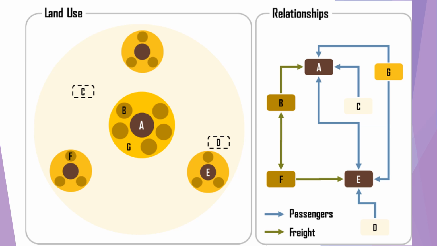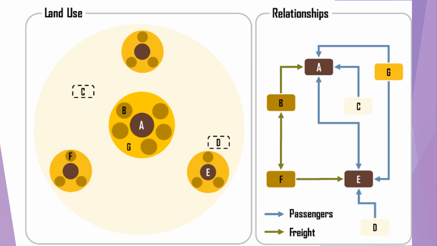So zones A and E are both commercial, and so they've got both people and freight moving between them. Zones B and F are distribution centres, so this is where you might have your bigger vehicles coming in and offloading goods, and then having smaller vehicles access A and E, so little vans or some other less carbon intensive means of transport.